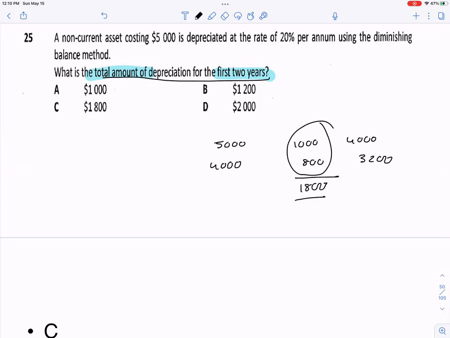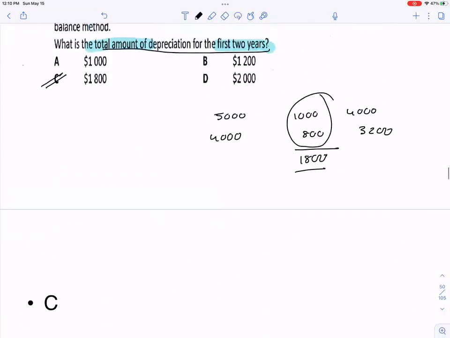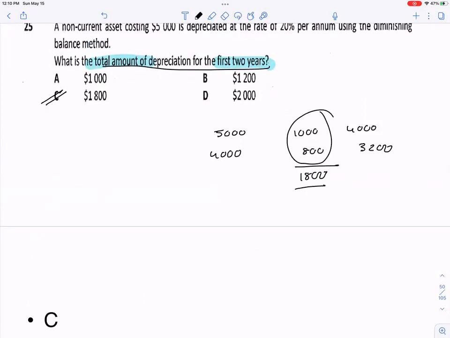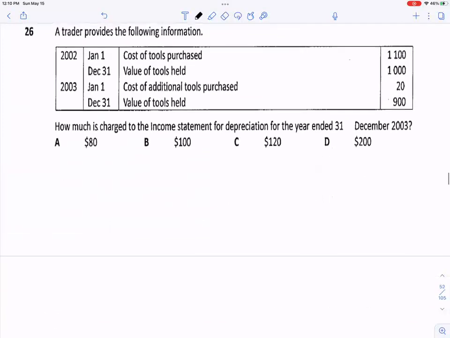How much will it be? Are you all with me? Yes, miss. That will be 1800. Okay, come on, go to the next one.